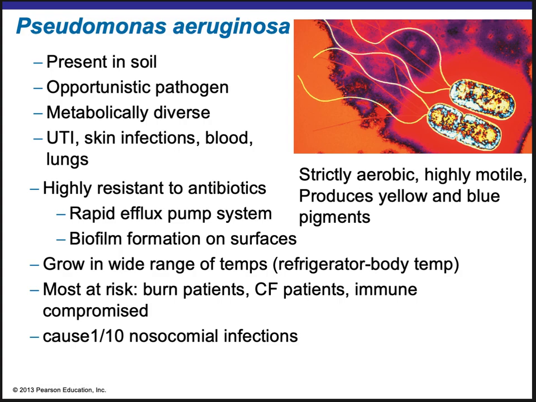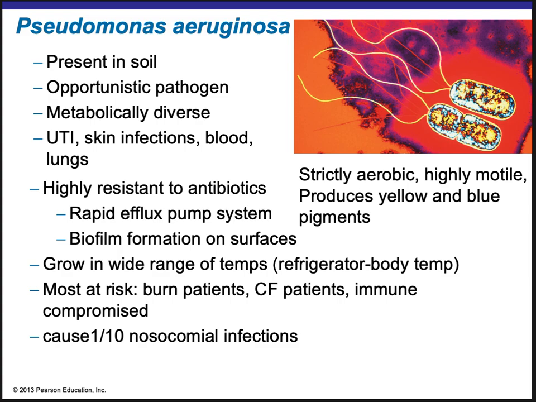All right, so Pseudomonas aeruginosa, I also mentioned this in a previous lecture. It is unique in that it has a rapid efflux pump system. What that means is that as soon as the antibiotics get into the cell, it pumps them right back out.